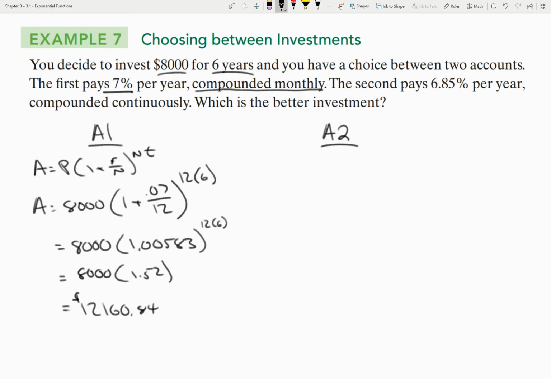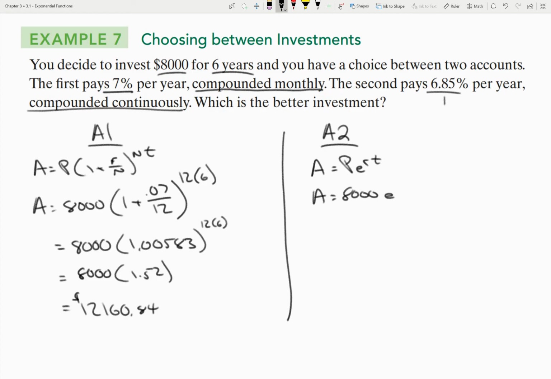Now let's compare that to the second account, which is compounded continuously, with a different percent rate, a lower percentage. So even though you're compounding more often, you're going to get less of a percent. Not much less, but it will make a difference. Here's my formula. My principal is still 8,000. e is not a variable. It is an irrational number, it's just a number.